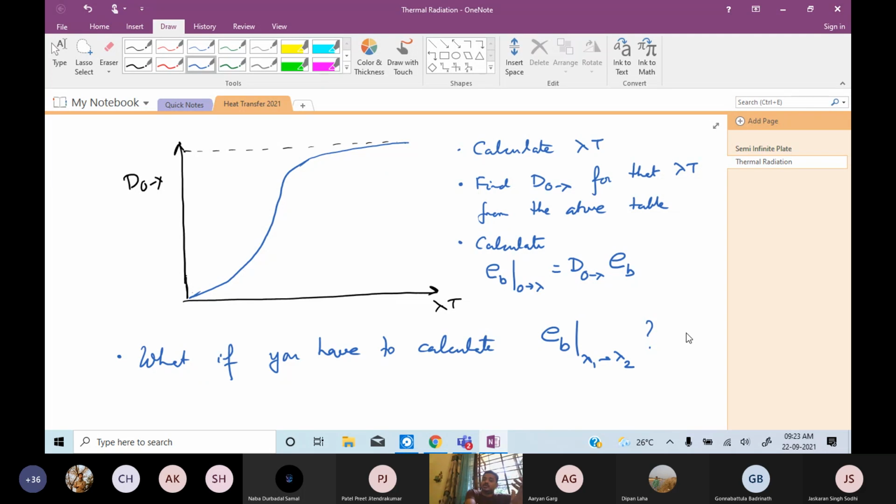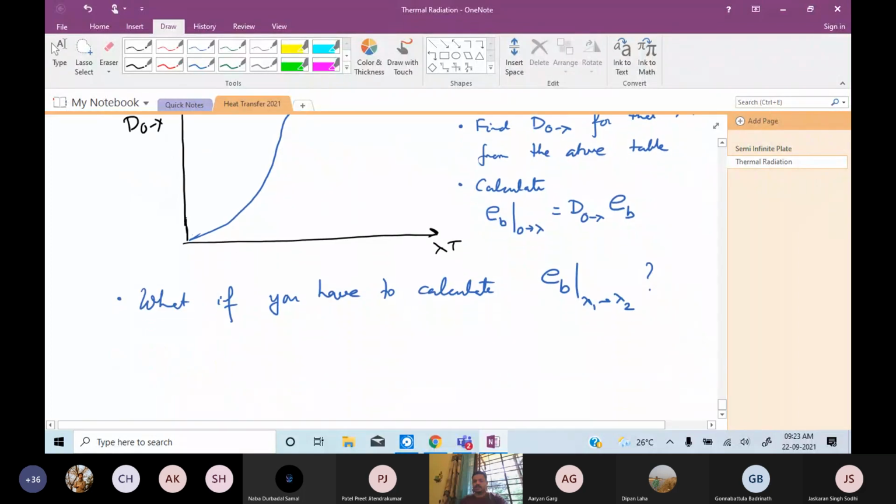So the starting point is not 0, the starting point is lambda 1, in this range, let us say 50 microns to 500 microns. What is the black body radiation, radiant flux, black surface radiant flux? How will you calculate? Take lambda 2. Exactly, very nice.